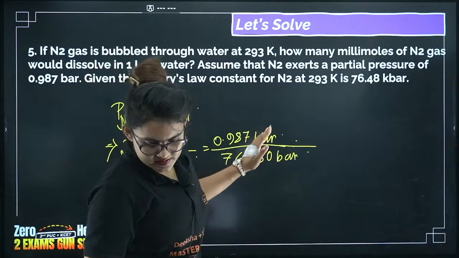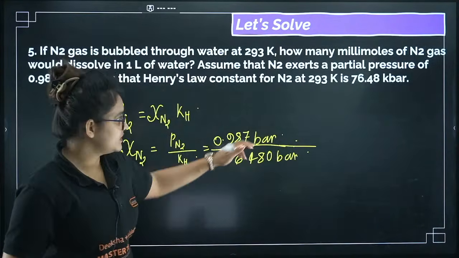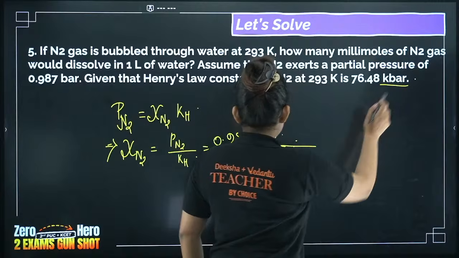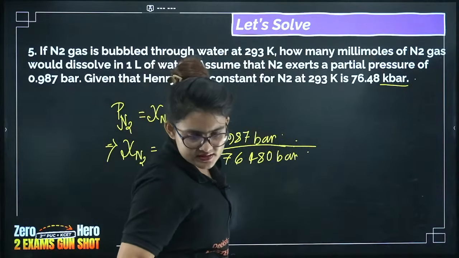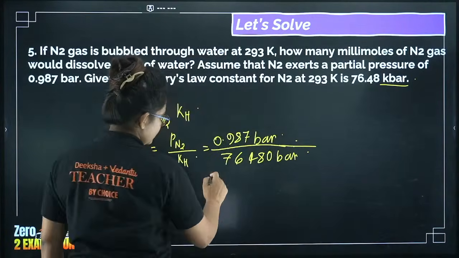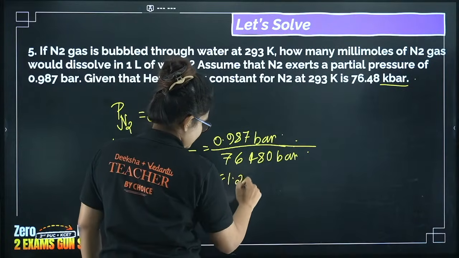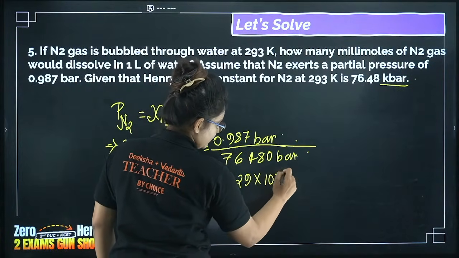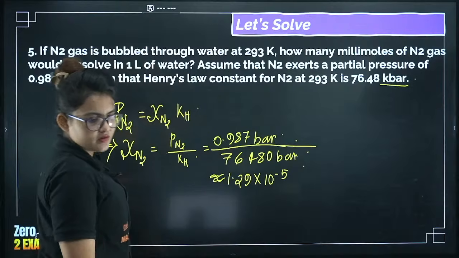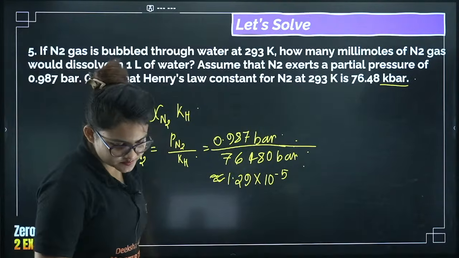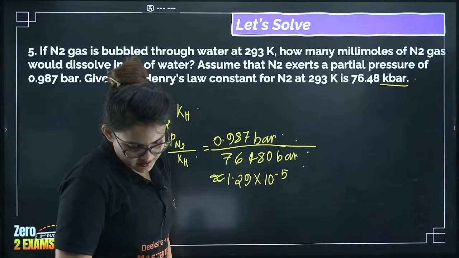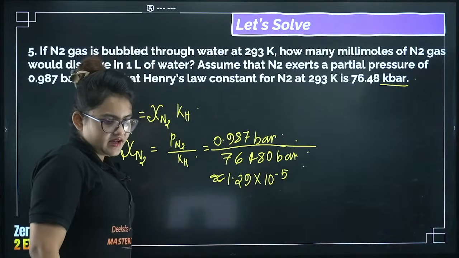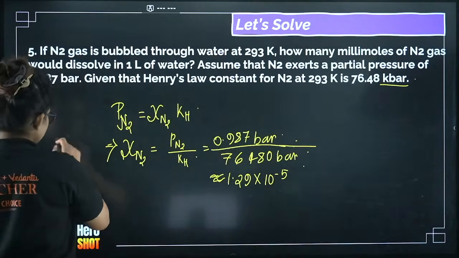These are very small things that you have to take care, because here you can see it was kilobar. So if you calculate this, your answer will come almost similar to 1.29 into 10 power minus 5. Okay, now from here I can get the moles of water as well.